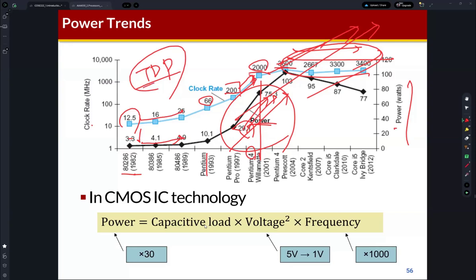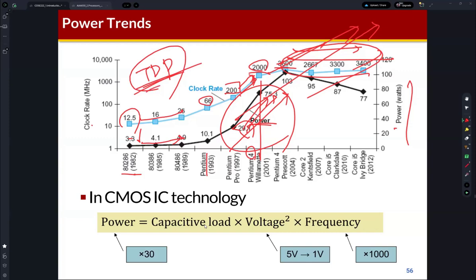Intel maintains the TDP level at less than 100 watts, which means that in the typical case, an Intel CPU consumes 100 watts of power. But recently, the TDP of Intel CPUs is also high because Intel increases the clock frequencies of their CPUs, right?